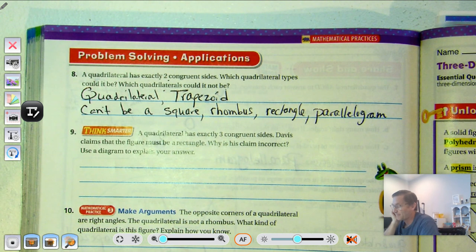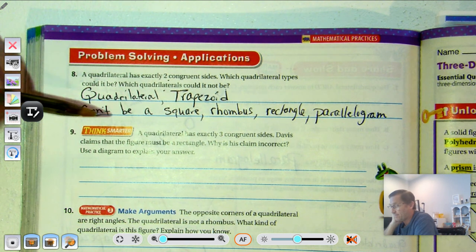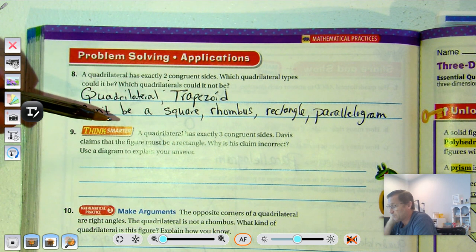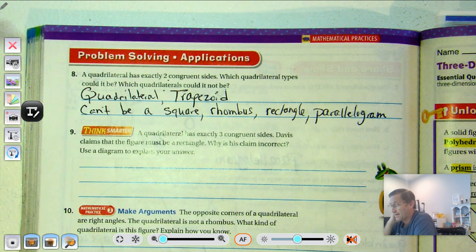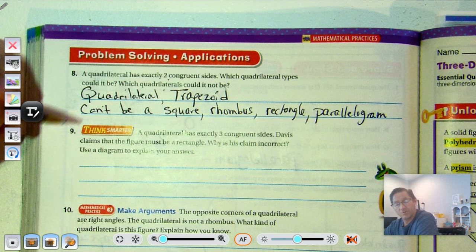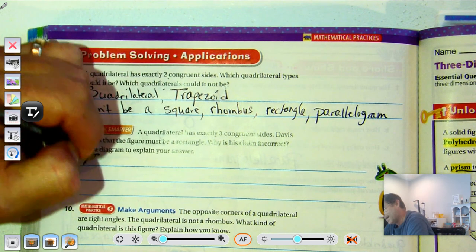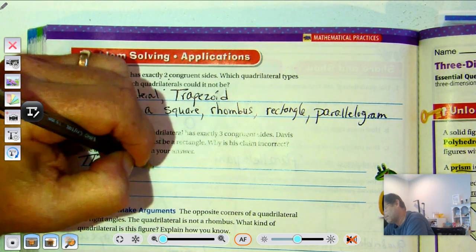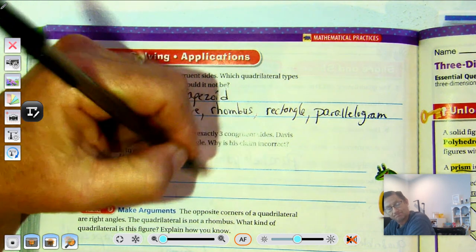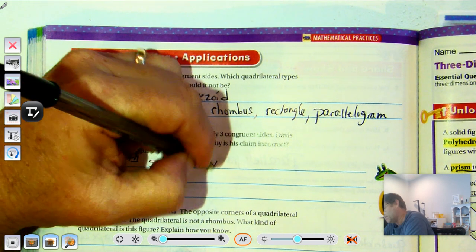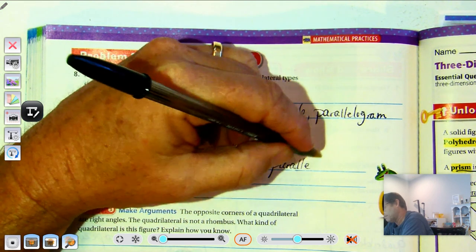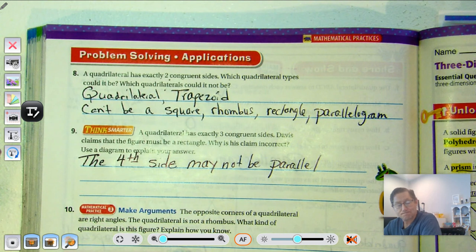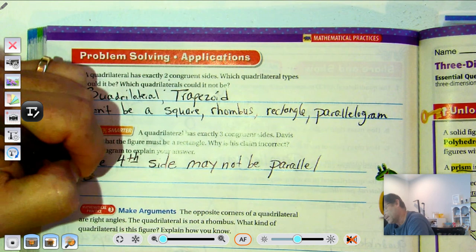All right, number 9. A quadrilateral has exactly 3 congruent sides. Davis claims that the figure must be a rectangle. Why is his claim incorrect? Use a diagram to help explain your answer. Okay, well, the 4th side may not be parallel with its opposite side.